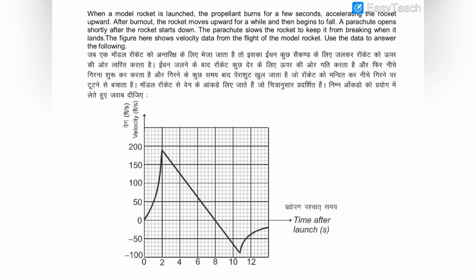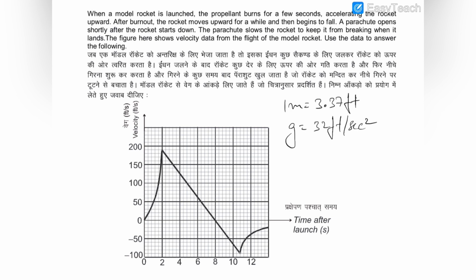The figure shows the velocity time graph of this model rocket, and we have to answer the questions. You can see that velocity is plotted on the y-axis, and velocity is measured in feet per second. So we know that 1 meter is equal to 3.37 feet, and the value of g is 32 feet per second square.